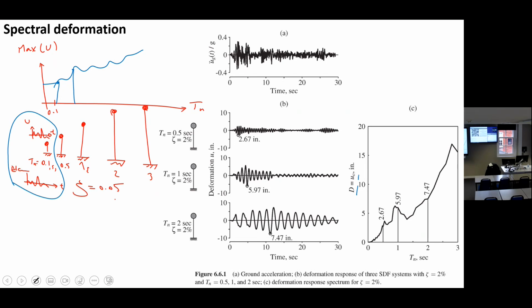In this book, U0, when 0 comes to any parameter, it means the maximum as a convention for this book. So U0 means the maximum of, for example, like this. U0 means the maximum of the absolute of the u(t).